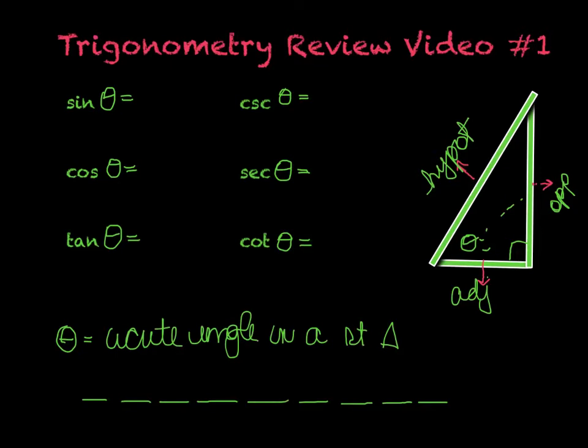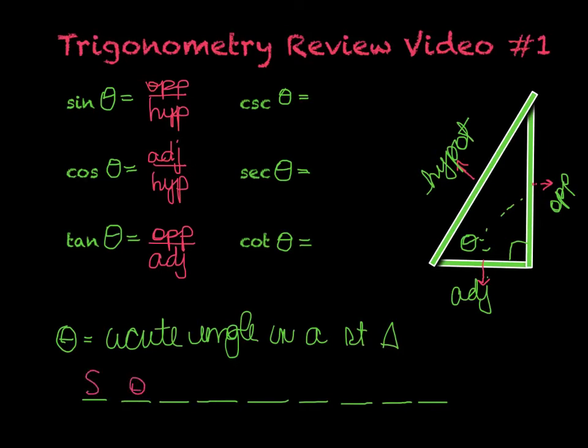The sine of theta is the opposite over the hypotenuse. We learn that cosine is the adjacent over the hypotenuse. We learn that tangent is the opposite over the adjacent. We learn this using an Indian tribe, Sokatoa.